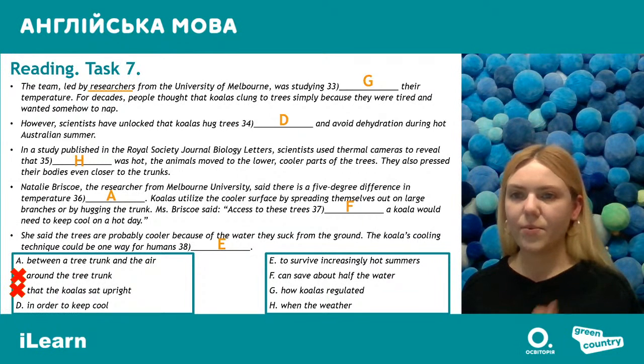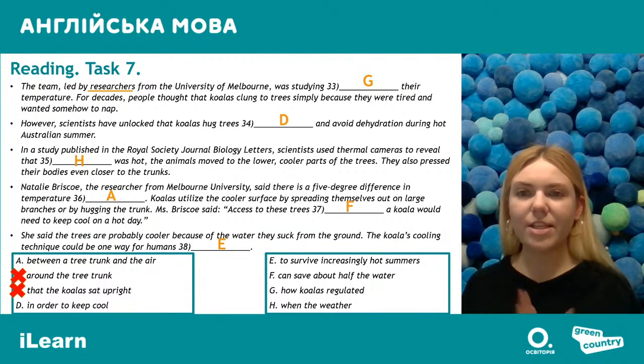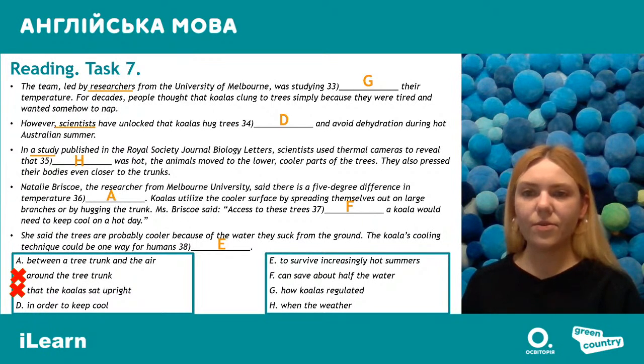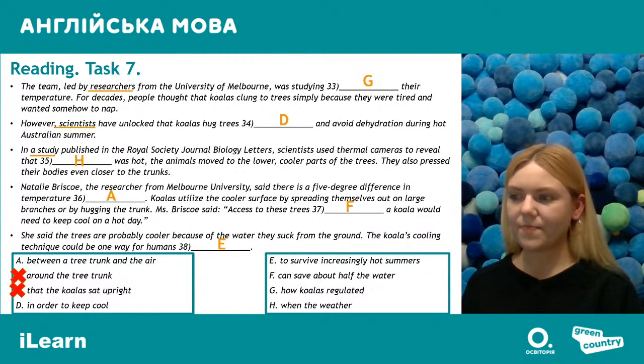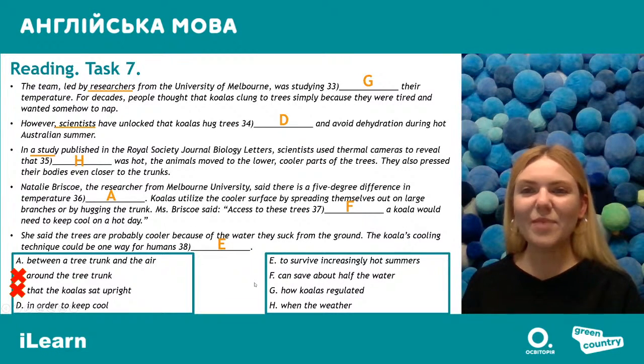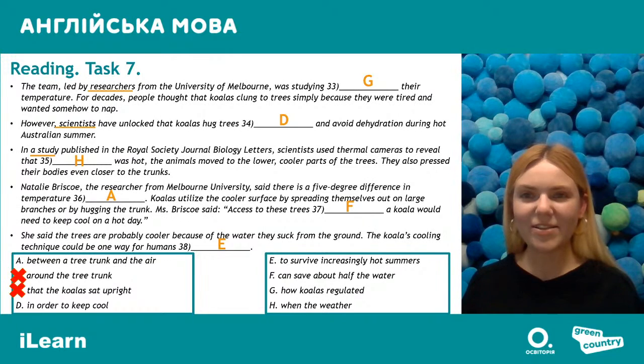So that is the text about some research. And we have such words as researchers, scientists, and a study. All of them are nouns. But let's look at some other parts. We know that there are root families in English, тобто є однокорінні слова.